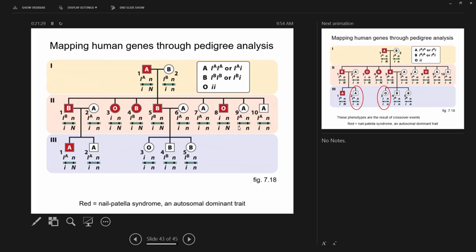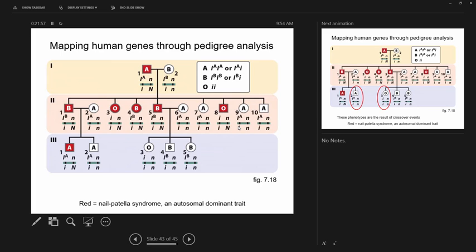So what you do to estimate the map distance between these is you look at a whole lot of family pedigrees. And you know that this gene should go with the Nail-Patella syndrome. So here you have a person with blood type A, a person with blood type B, and in their progeny they have blood type O down here.